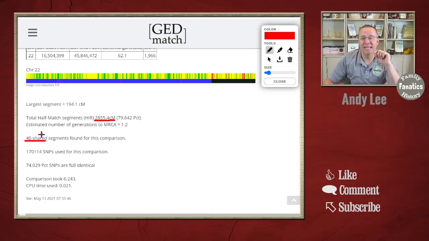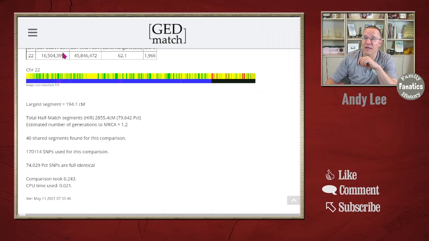But what has happened is basically 17 of those segments have been pushed into one of the other segments, because the only reason they were divided is because there weren't very many SNPs that were tested in between those two start and end points. I almost always have prevent hard breaks clicked on, because I haven't found many instances where I actually want to have these hard breaks. I get better, more accurate results by not having them.